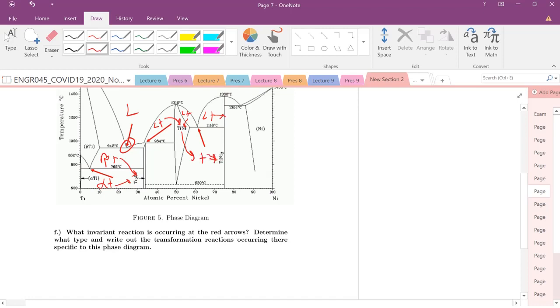So let's see what's happening right here first. So there we are transforming from pure liquid to beta plus Ti2Ni.